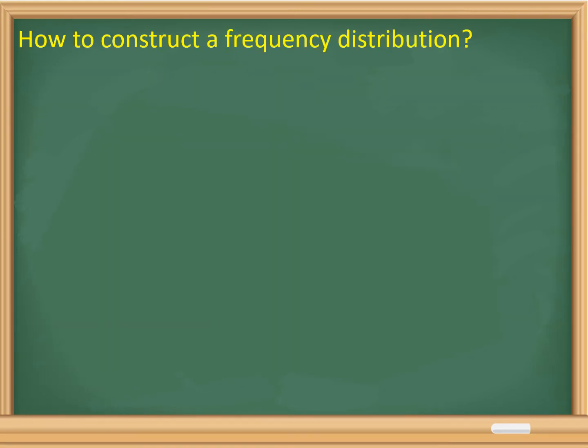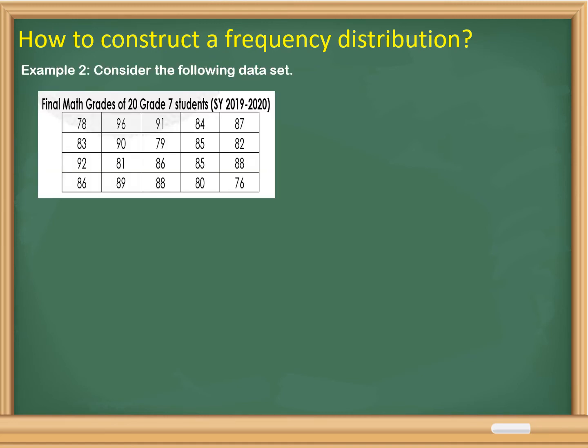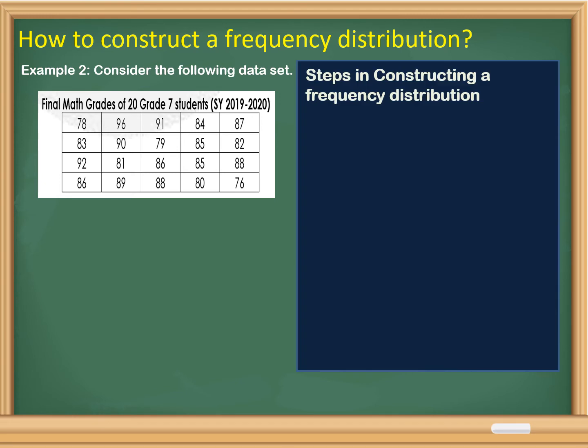How to construct a frequency distribution. Example, we are asked to organize the final math grades of 20 grade 7 students for school year 2019 to 2020. The data here are the grades of the grade 7 students. To organize the data, let us follow the steps in constructing a frequency distribution table.